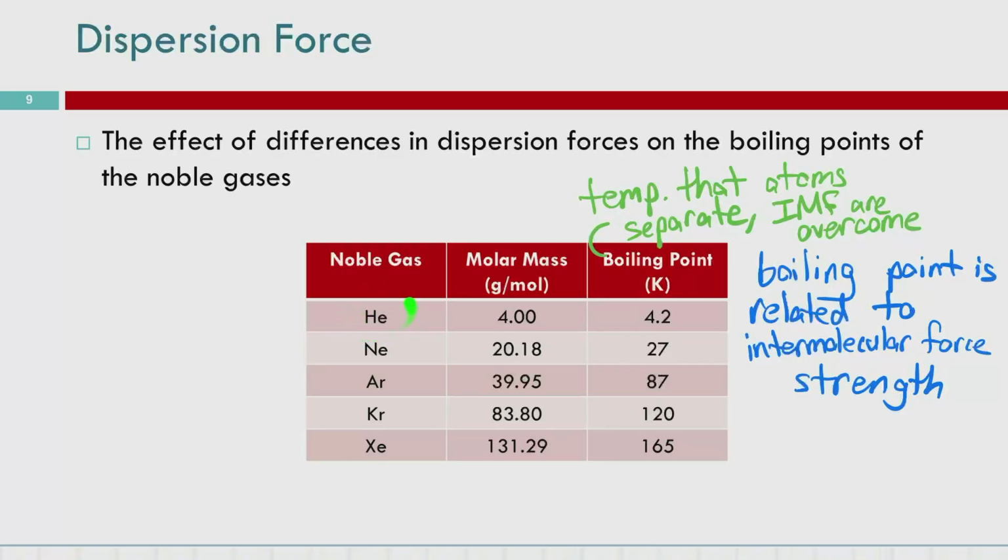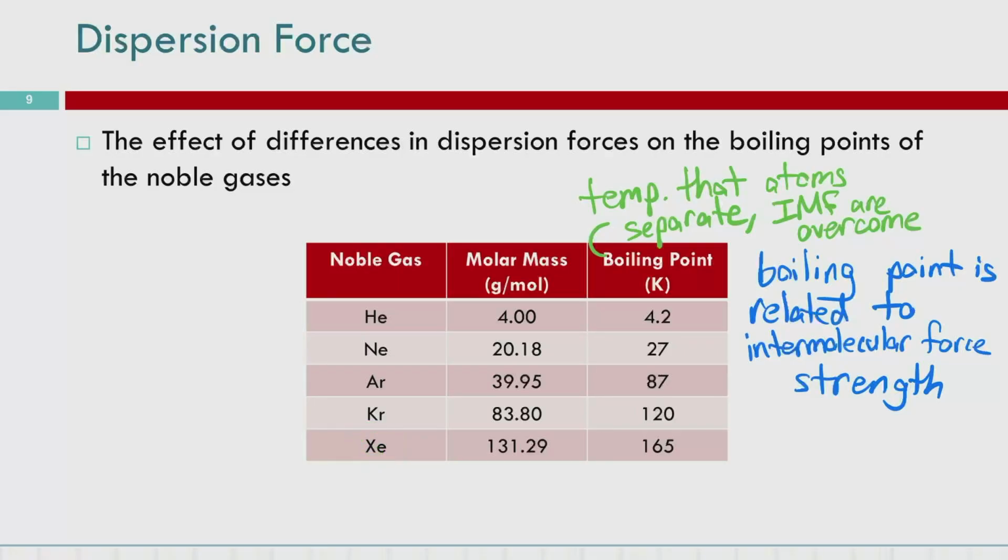So helium, having just 2 electrons, can't get very strong dispersion forces. You can only move around 2 electrons. It's also less easy to move them around, on top of there just not being as many for there to be strong forces.